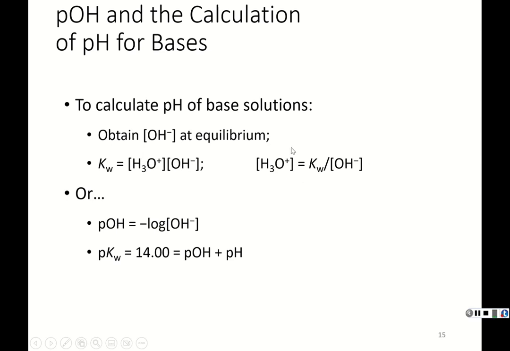So then you'd solve for your H plus concentration, or you would just take that concentration of OH, get your pOH, and then you can work with the pKw, which is 14. 14 equals pOH plus pH. Both ways are equivalent. Some people might think it's easier to work with this way, but you're doing the same steps, just in a different order.